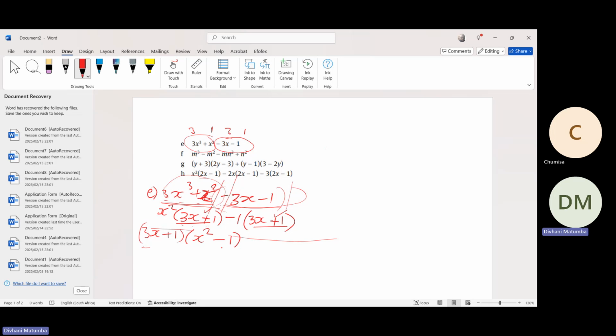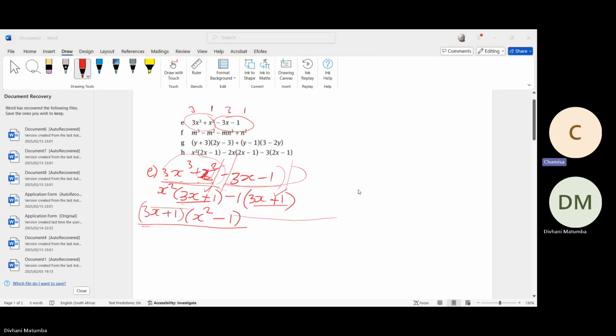So are we done factorizing? Yes, I think so, sir. How about this expression? Is it not the difference between two squares?